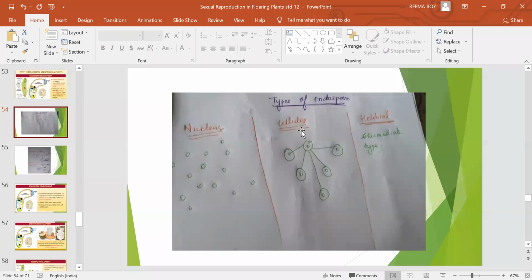Along with it, it forms nucleus also. That is called cellular endosperm. And nuclear endosperm में क्या है? Free nuclear बना है. See, only nucleus is there. And halobial. Halobial means what? It is somewhere between nuclear and cellular. Okay.